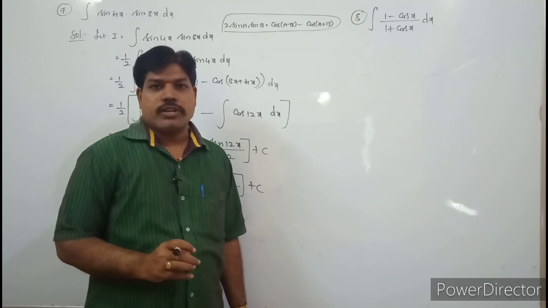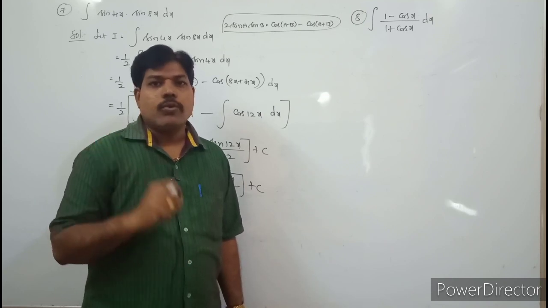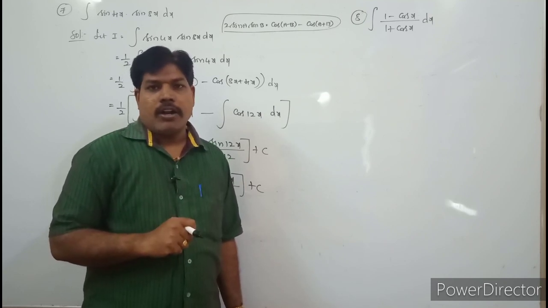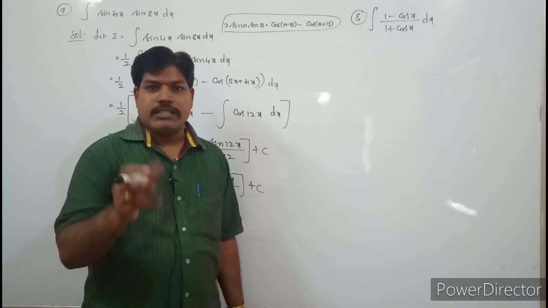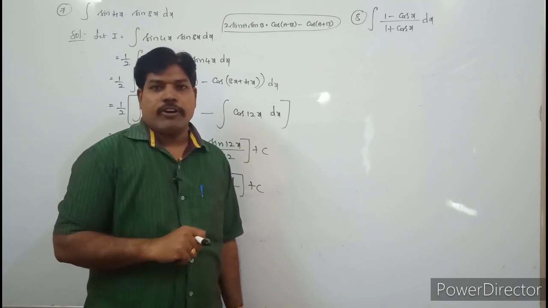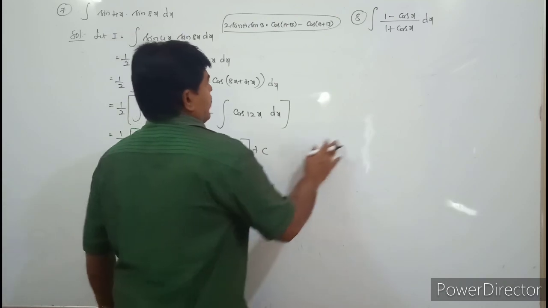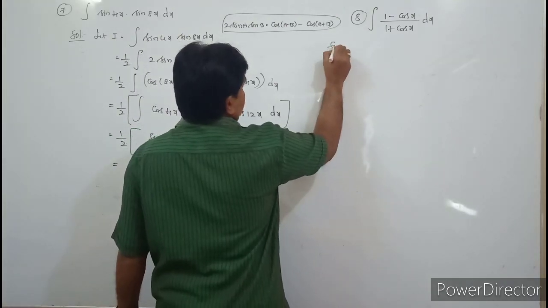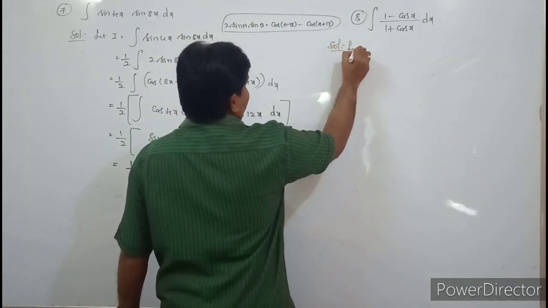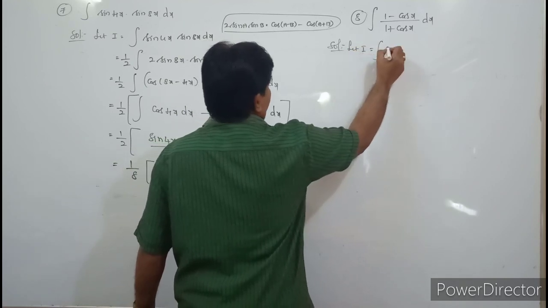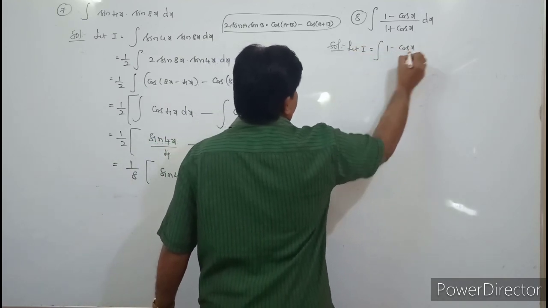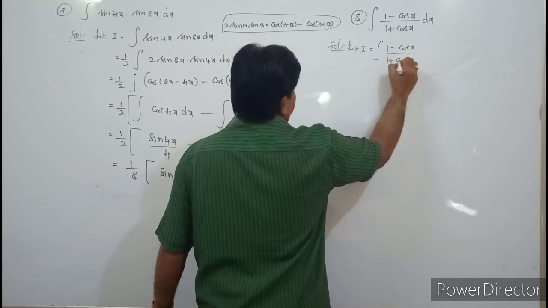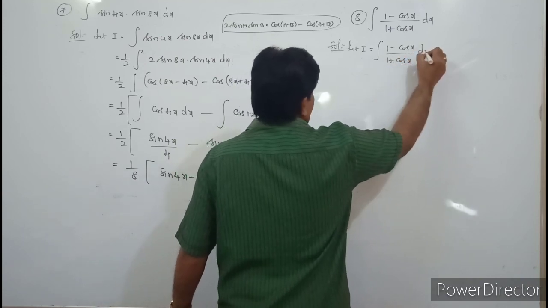So see that question, students, how to solve that. You have the 2 formulas here. I have already given those trigonometric identities in the second one. See, very important formulas are here. So see the solution. Let I be equal to the integral of 1 minus cos x by 1 plus cos x into dx.